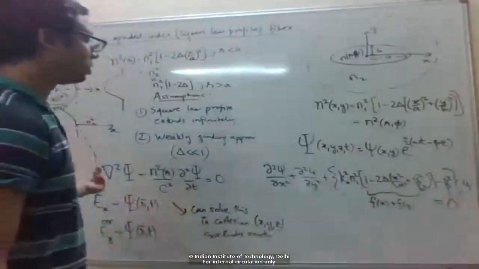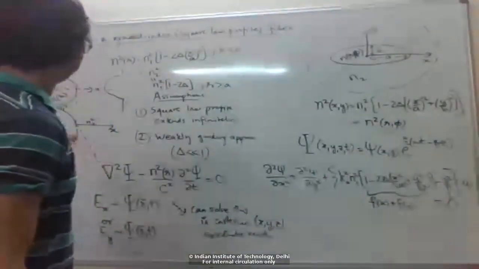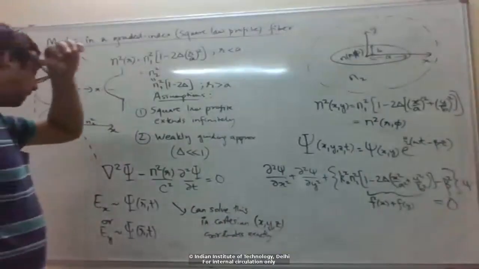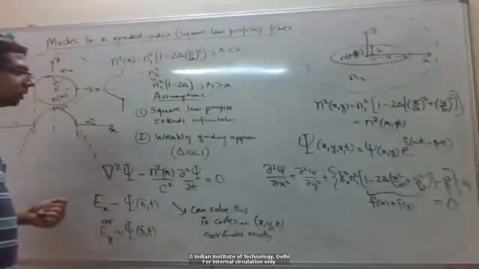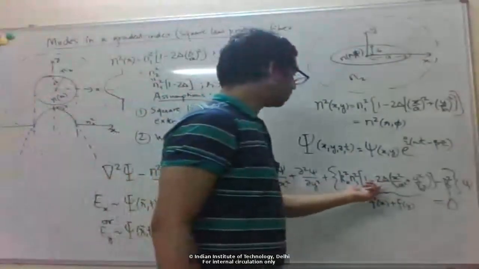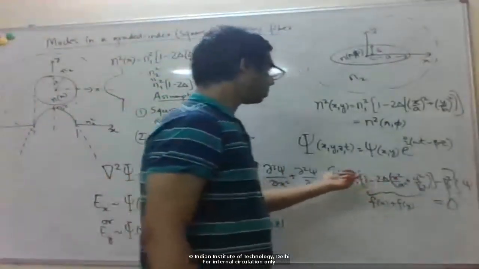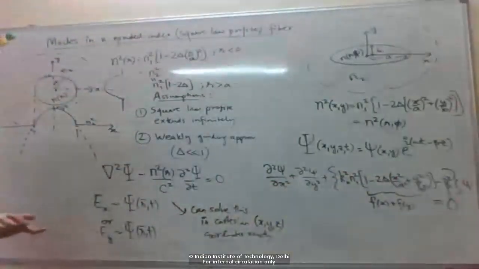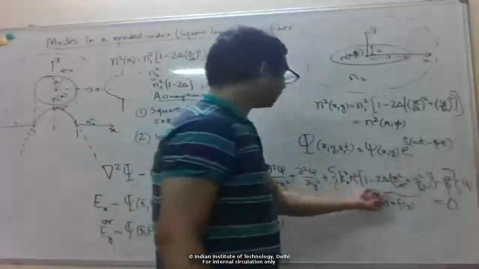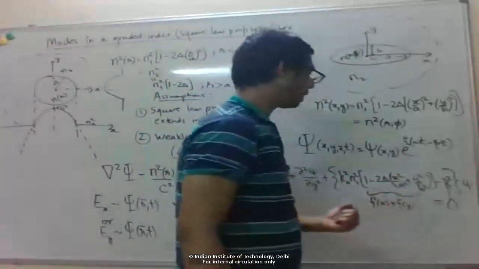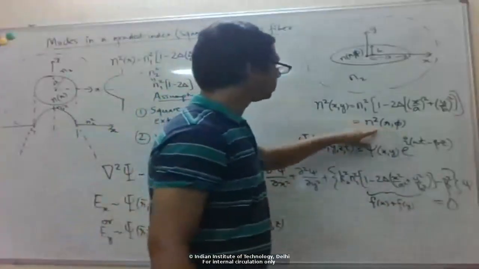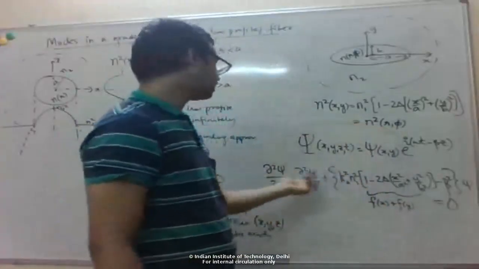We did that also, for example, when we solved for the LP mode with step index fiber in cylindrical coordinates. We used separation of variables because we ended up with a function which was just a function of r plus just a function of phi. Similarly here we have just a function of x plus just a function of y. There are no cross terms. If you write this in the r phi coordinates, you will have cross terms. So that's why I said it's difficult.